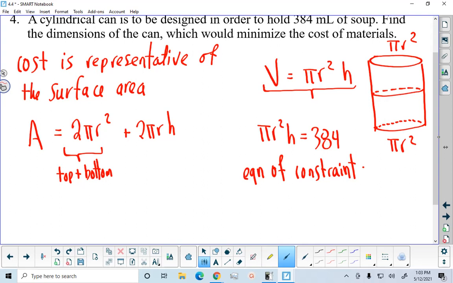Now, why is it that this is the area of the, quote, side of the cylinder?